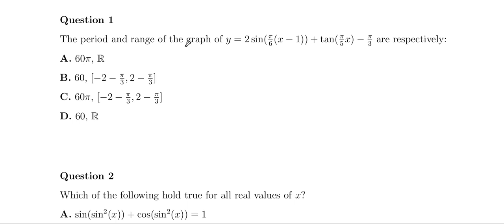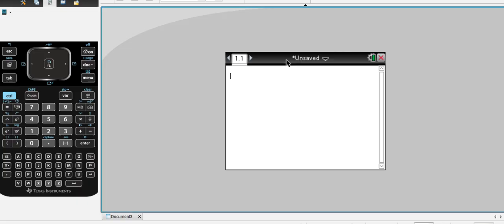Question 1. What is the period and range of this function here? So what I'm going to do is go to the CAS and define the function we have: x minus 1 plus tan of (pi on 5)x minus pi on 3.